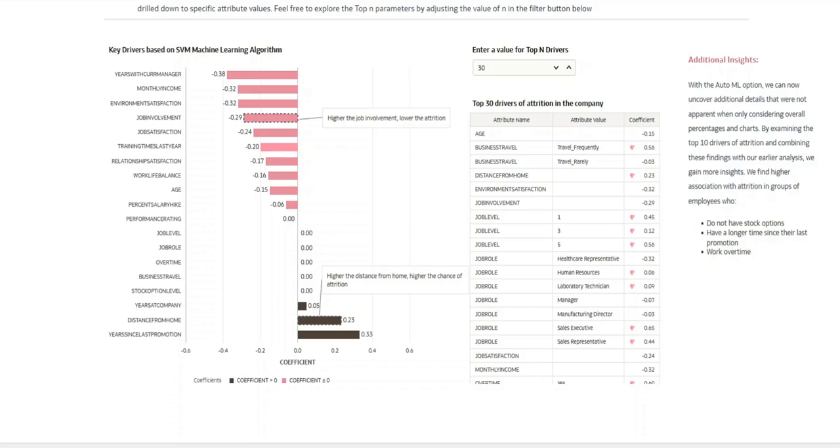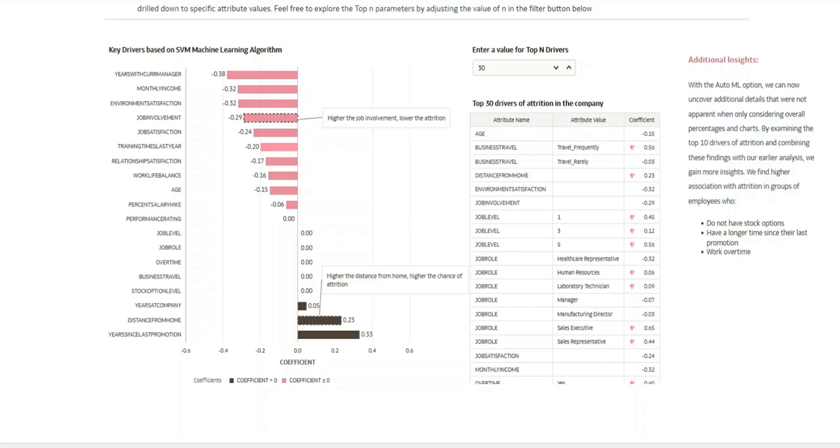Here we are looking at the coefficients as an output of a machine learning algorithm. We have the 30 different variables and the coefficients plotted in this graph. Pink bars show negative correlation with attrition, and brown ones show positive correlation with attrition. Let me explain this with one example each.